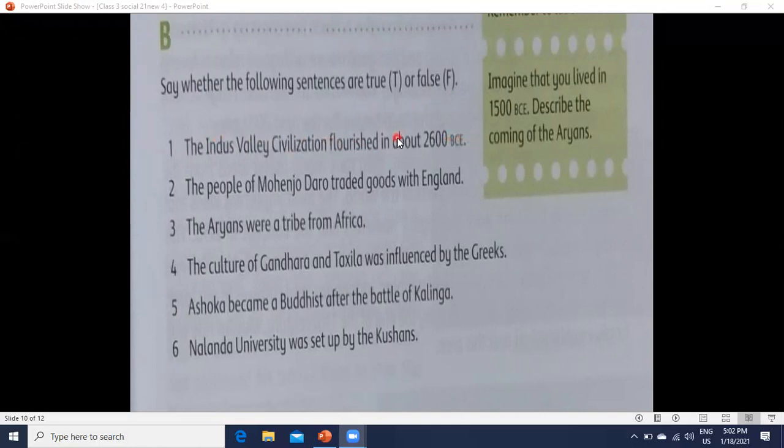If the statement is false, you have to write false, F. You can write just T for true and F for false.